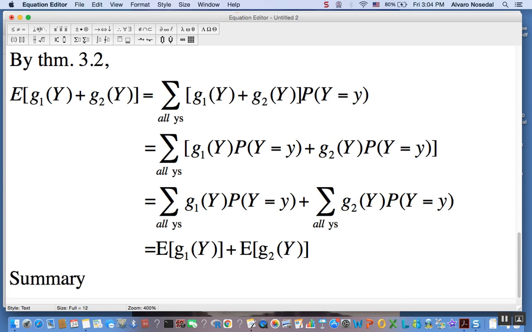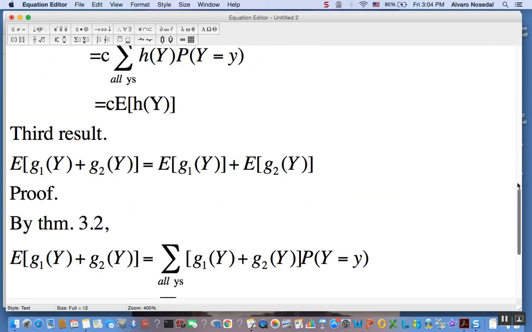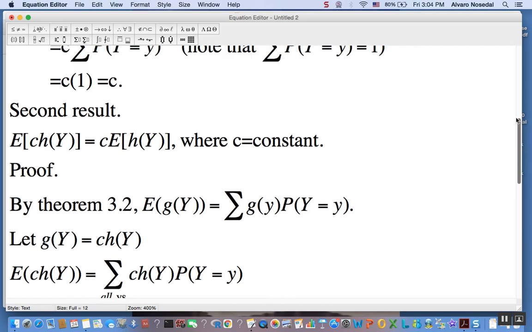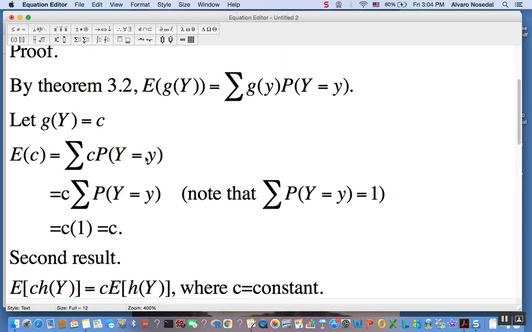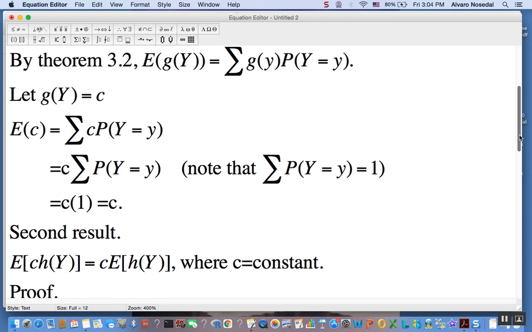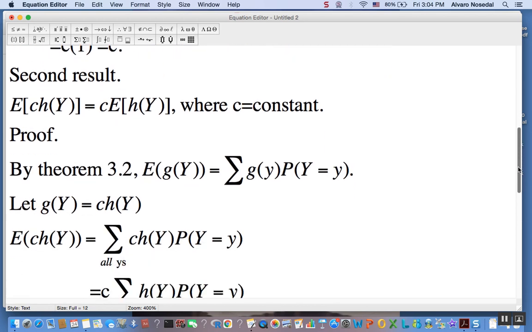Okay, summary. So today we have talked about 3 new theorems. Let's recall what they said. Theorem number 1, or result number 1. Expected value of a constant equals the constant itself. Okay? Okay. Result number 2.